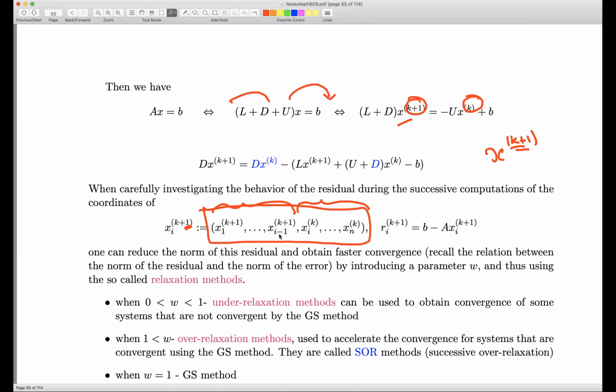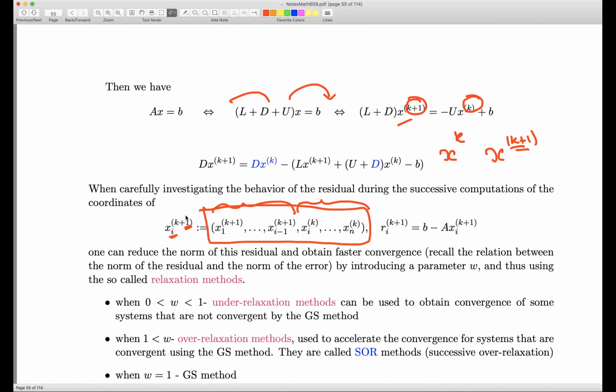This creates a new vector, which we denote by x^(k+1,i) with index i. It is a new vector because it has part of the components of x^(k+1), namely the first i minus 1 components, and the rest of the components are the components of x^k.